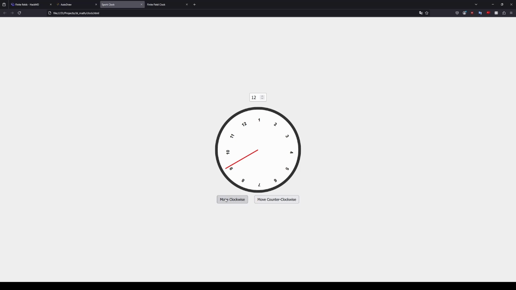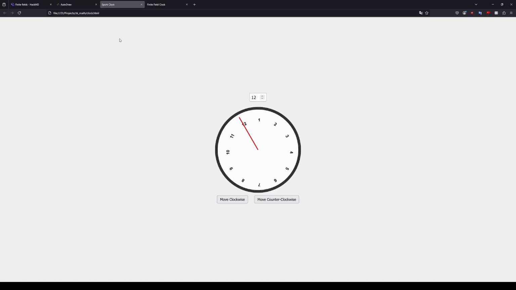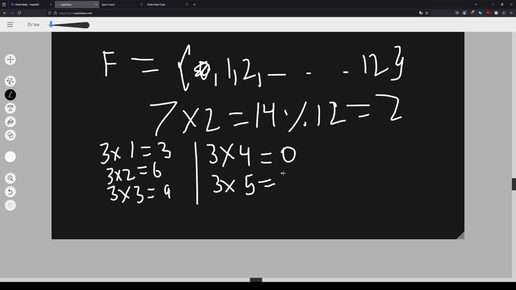Now if we do 3 times 4, we already established this. We got 0 for 3 times 4. And if we add 3 again, 1, 2, 3, we are back on 3. So 3 times 5 equal to 3 again.